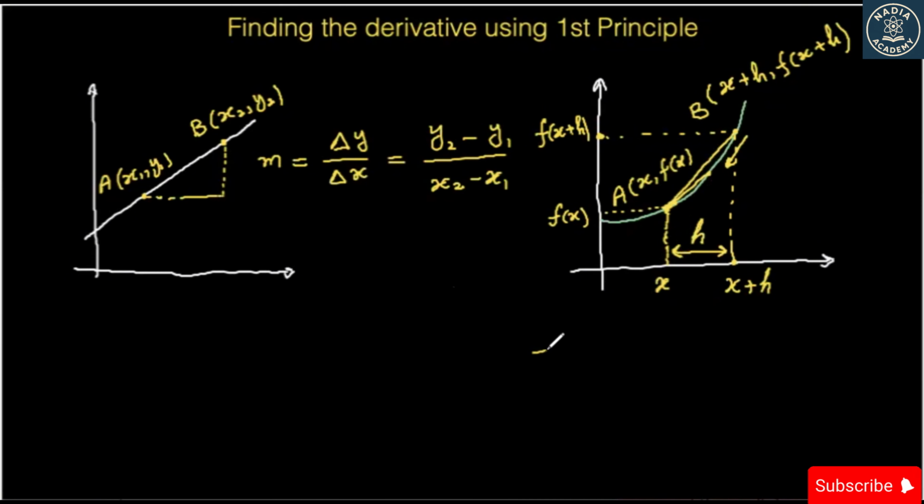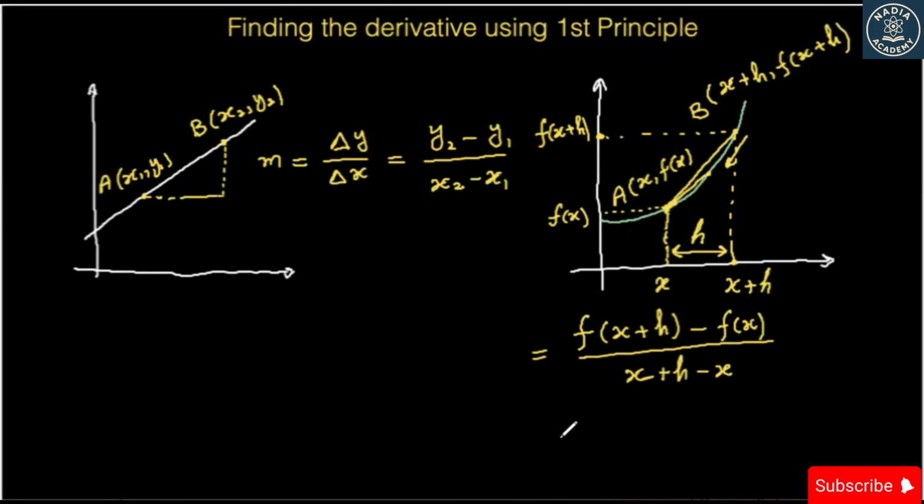Now you can see very easily that the gradient of the line AB will be the change in y, meaning f of x plus h minus f of x, so y2 minus y1, divided by x plus h minus x.